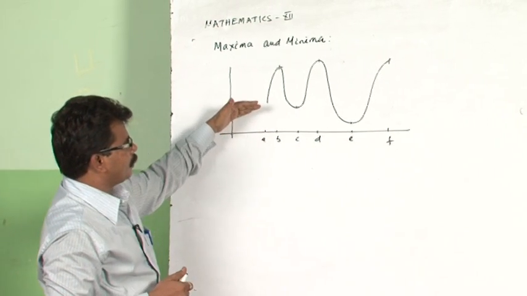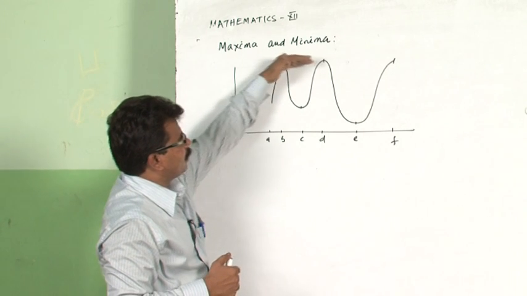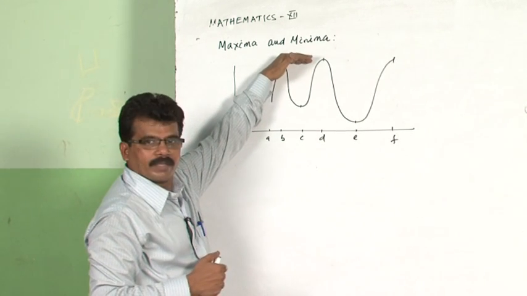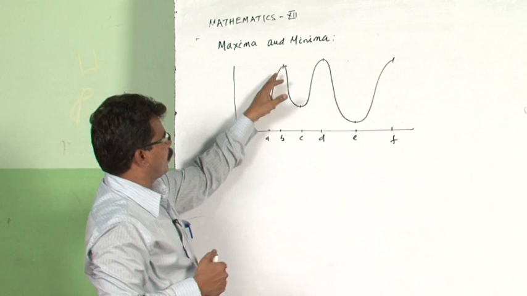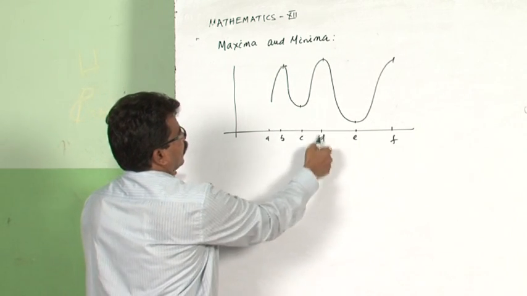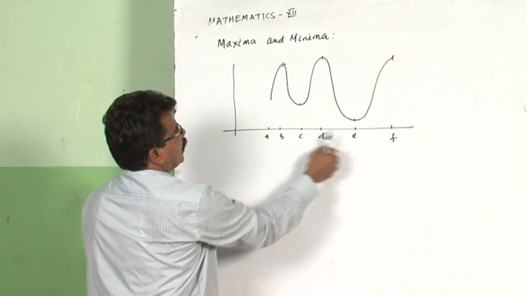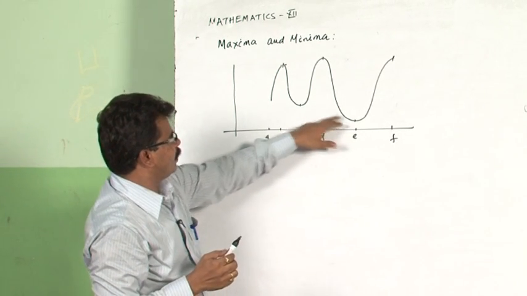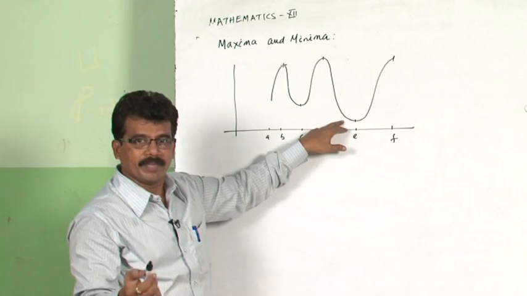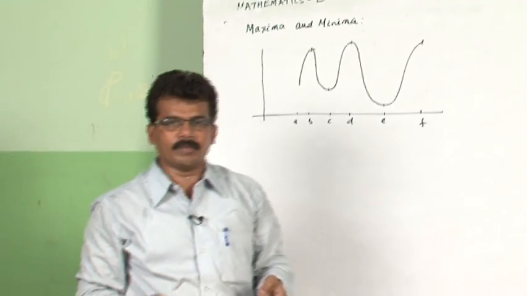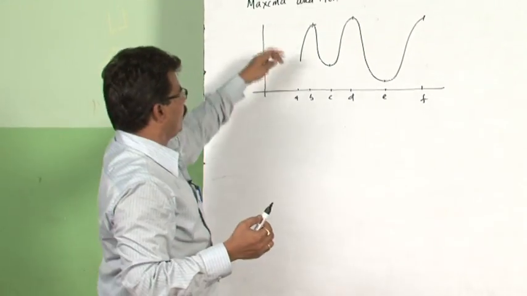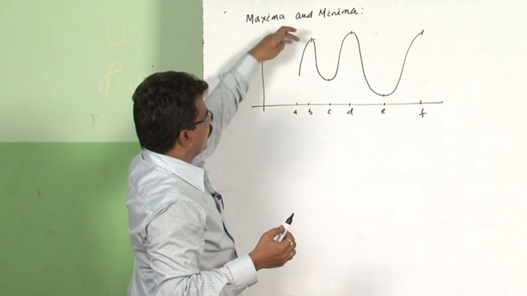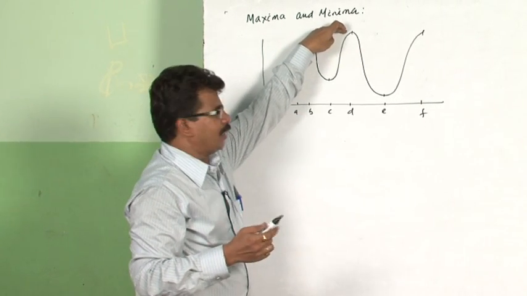Also, you can observe some critical points are there. At some critical points, some values exist. For example, at c and at e, the function is attaining minimum values. You can observe very easily. These two minimum values are called minima. That means, minima is nothing but the plural of minimum. And similarly, at b and at d, the function is attaining maximum values.